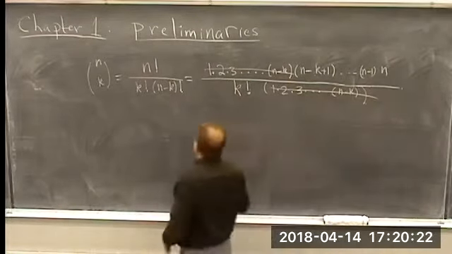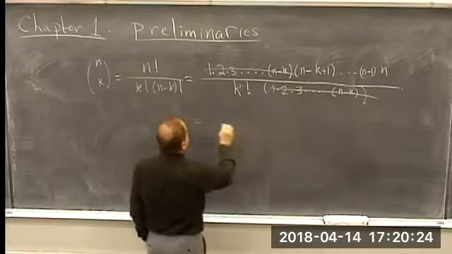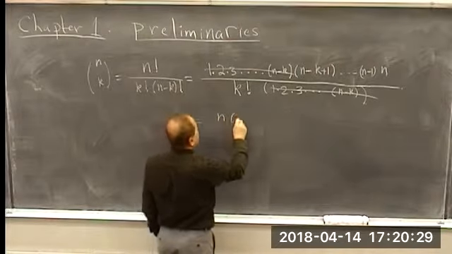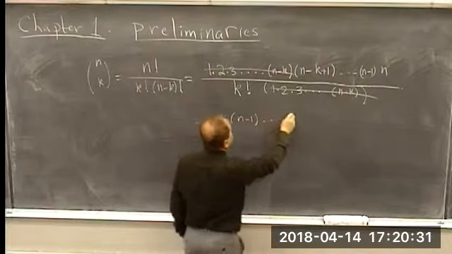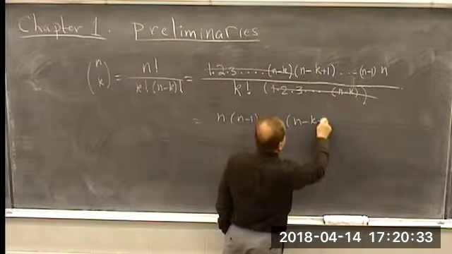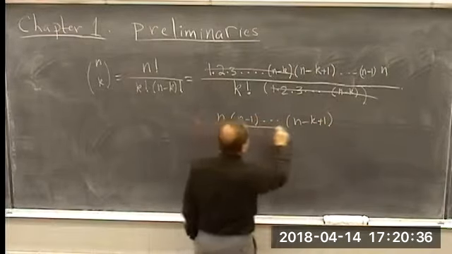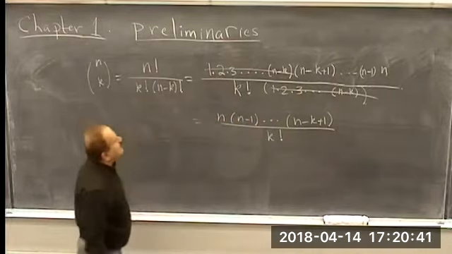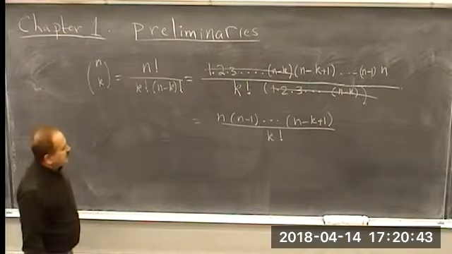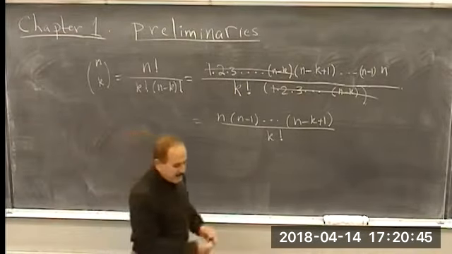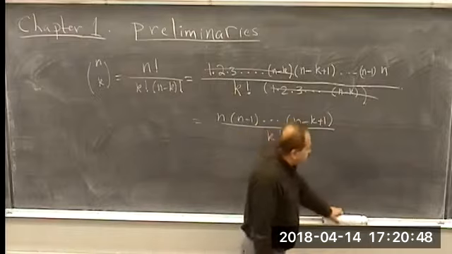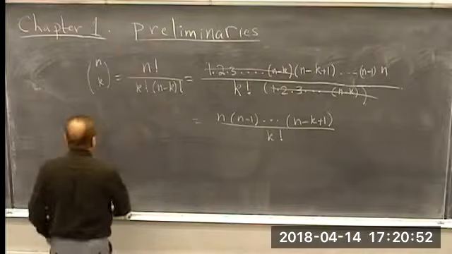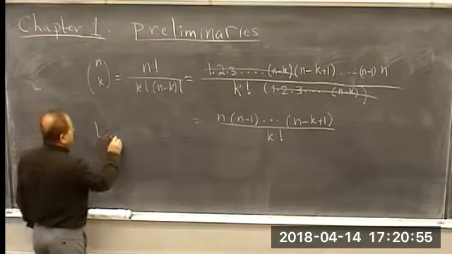And we have a different way of writing this. I could start with n, n minus 1, up to n minus k plus 1, over k factorial. I don't know if you want to memorize this, you don't need to, you can derive it, that's what it is. However, there is the following lemma, which is actually easy to show.